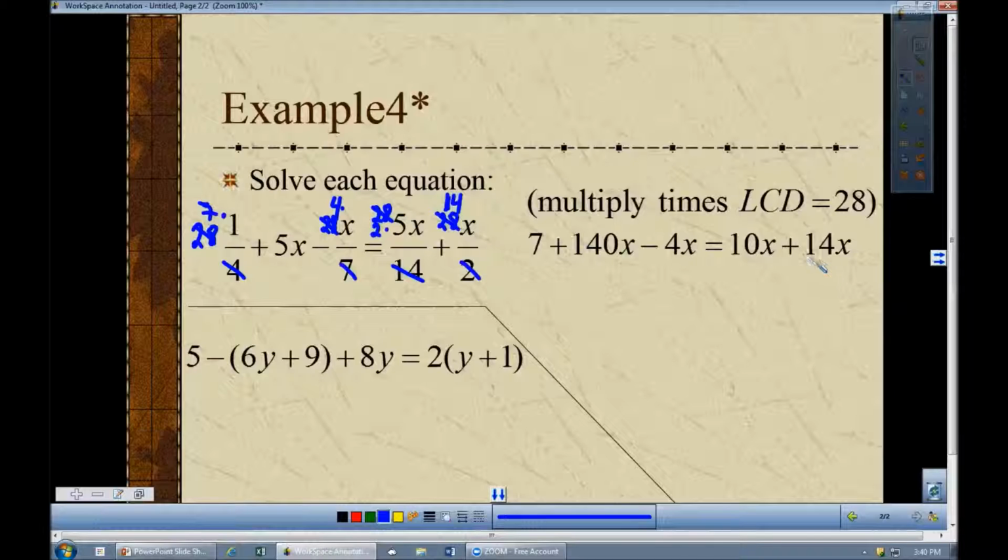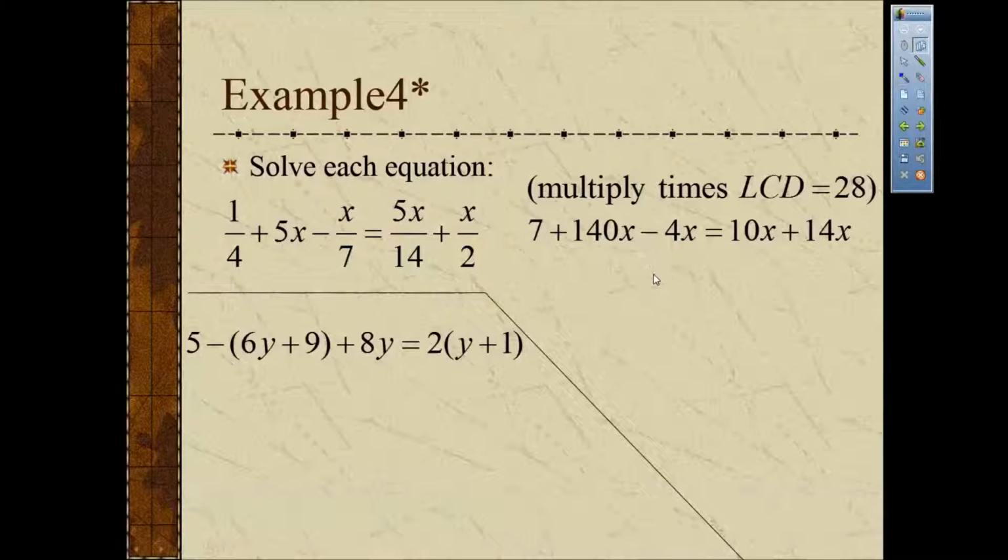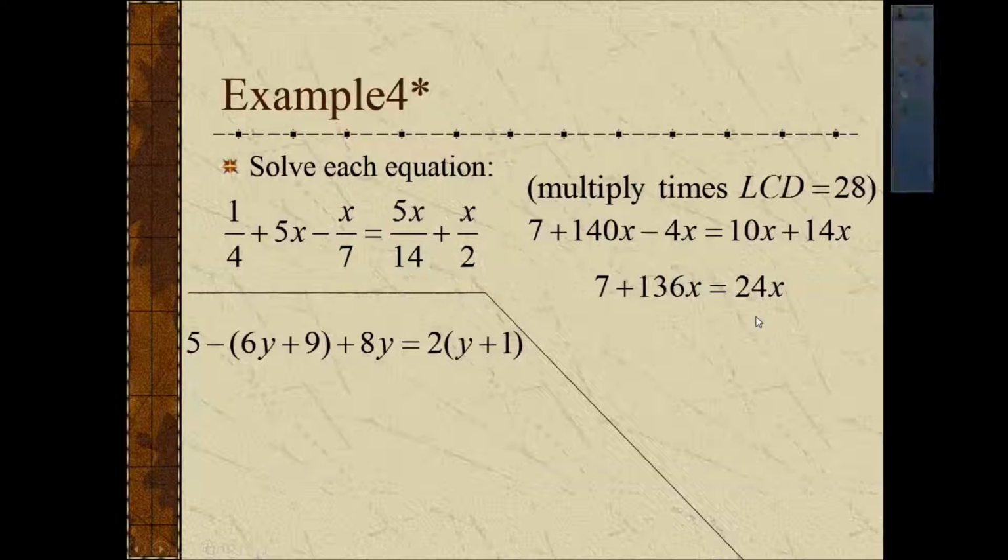So what do we do now? We've got x's on both sides. Let's simplify a bit and try to solve this. Simplify the left side, 7 plus 136x. Simplify the right side to 24x. Get all the x's on one side of the equation. So I could subtract 136x from both sides.